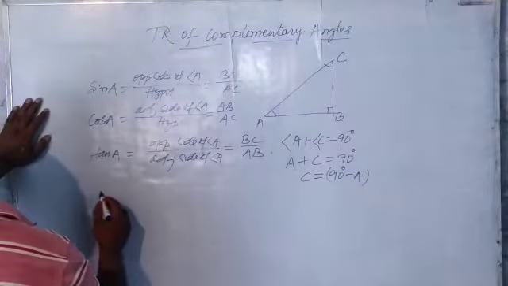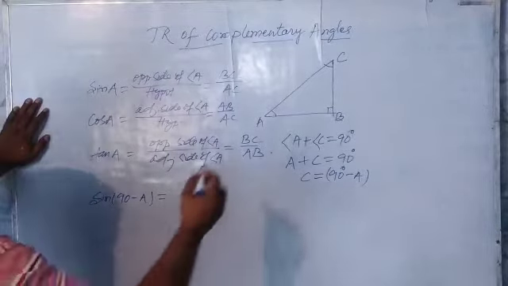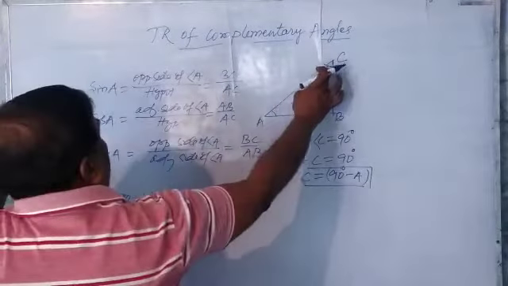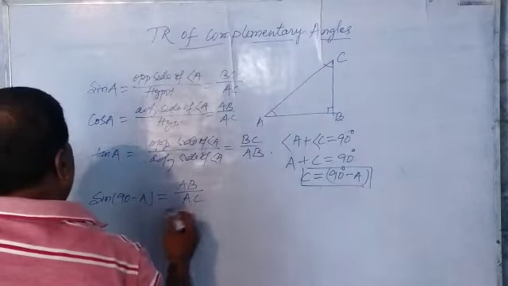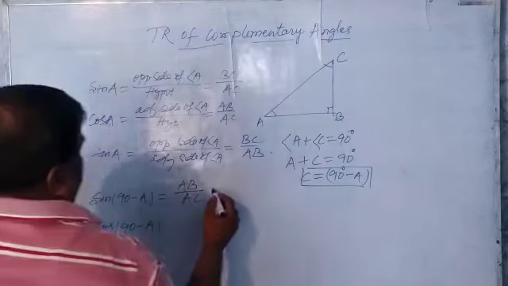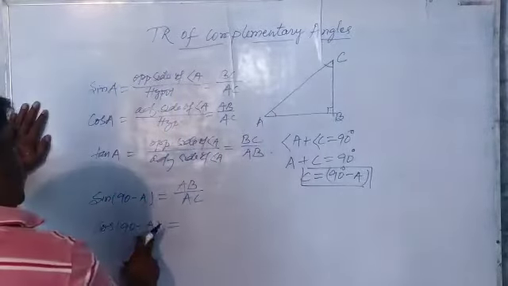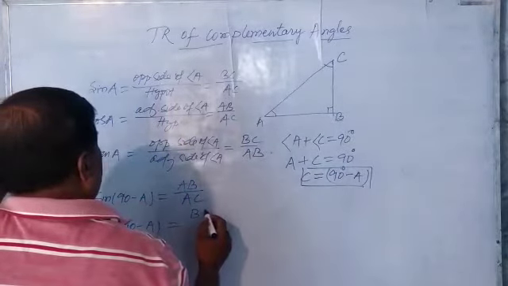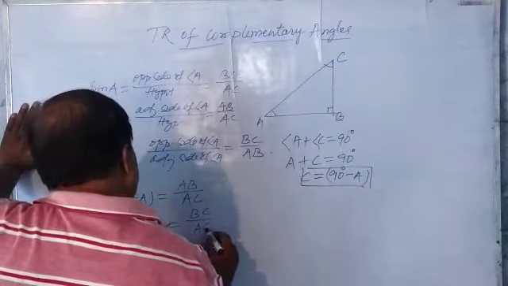So sin of 90 minus A, that means angle C. For C, the opposite side is AB and the hypotenuse is AC. Cos of 90 minus A, that is for angle C, the adjacent side is BC and the hypotenuse for angle C is the same AC.